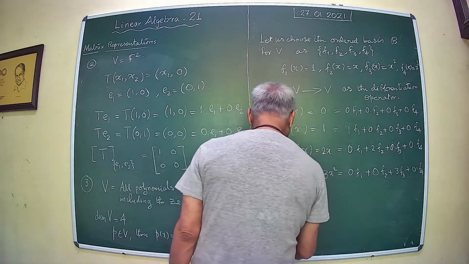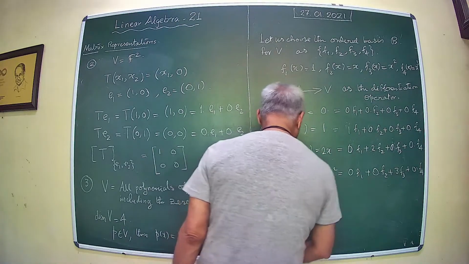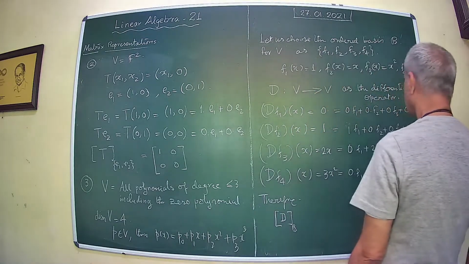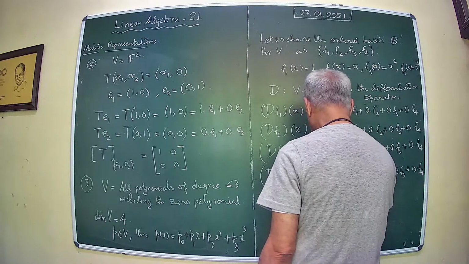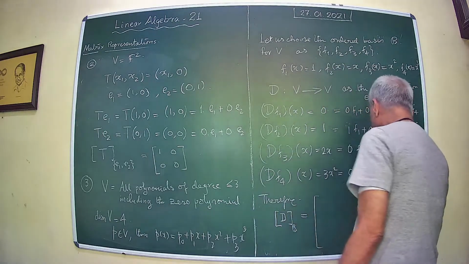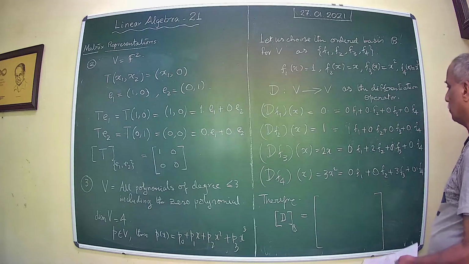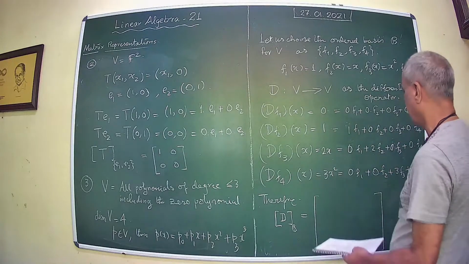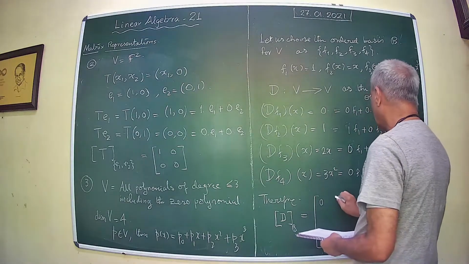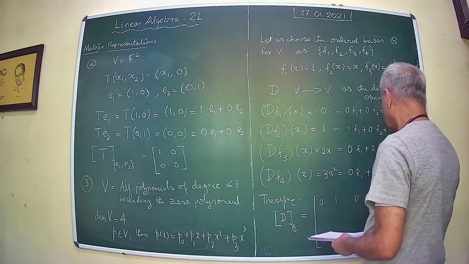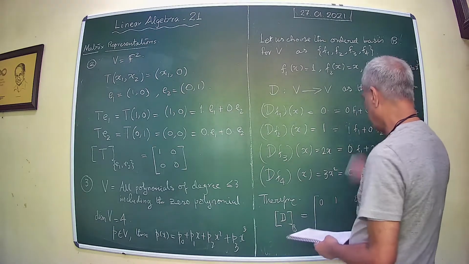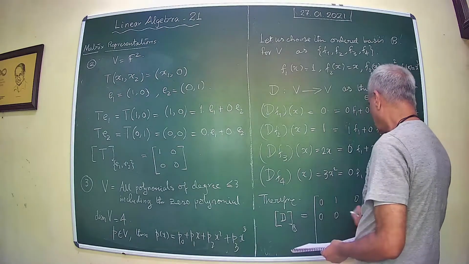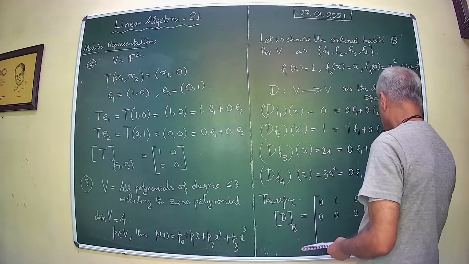Therefore, the matrix of D with respect to the basis that we have chosen is given by, let us write it down. What will be the first row? The first row is going to be the coefficients of F1 in this, written in that order, so it is going to be 0, 1, 0, 0. Then you have 0, 0, 2, 0.